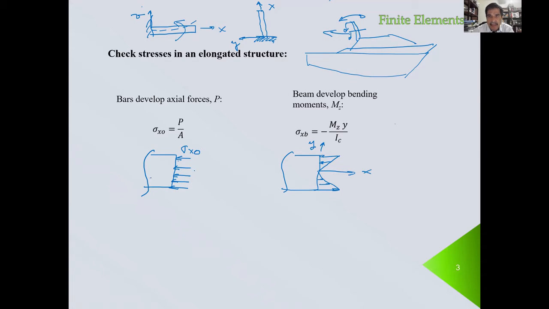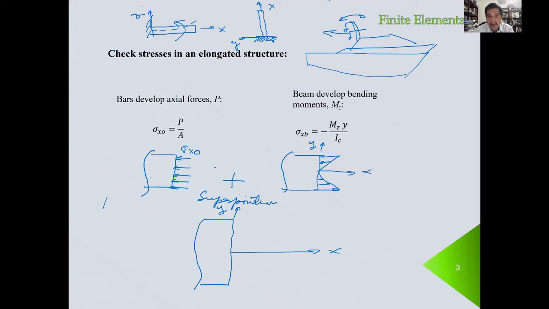So here we're going to have two effects, and in the simplified way that we're analyzing this, we can apply superposition. I'm going to increase the size of the section to show the difference. So this is X and this is Y. On this side here, on the upper side in my graph, I have compression and compression.